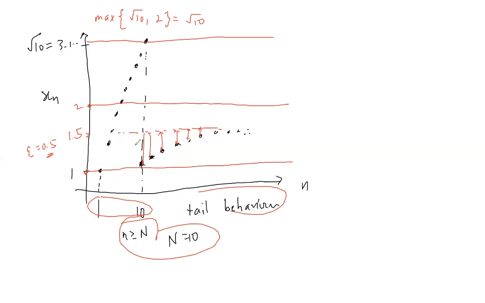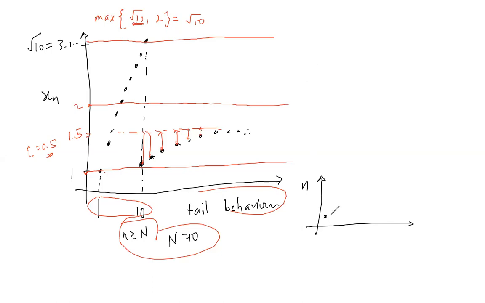So this gives you a specific example and the idea of the max: the max of the elements of x before your threshold value. The point is the whole sequence is bounded by either the upper bound for the sequence in front or the upper bound of the tail sequence. Another example will be something like this.